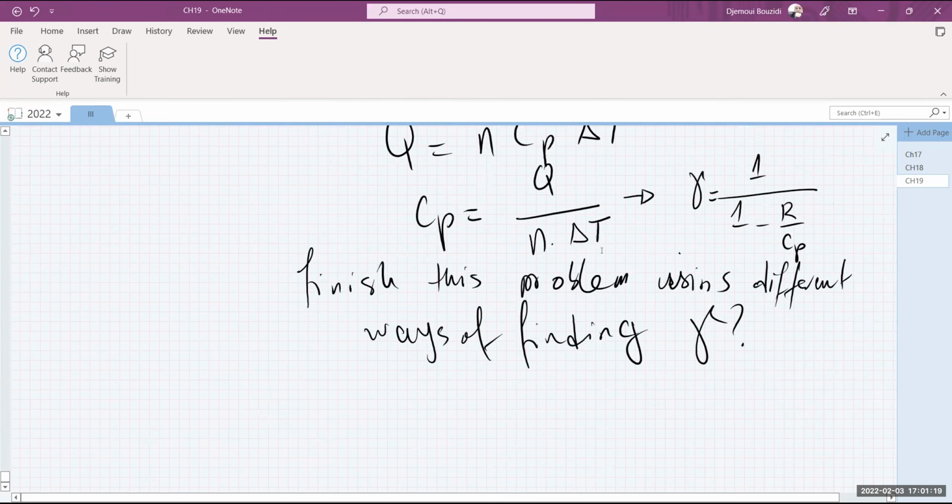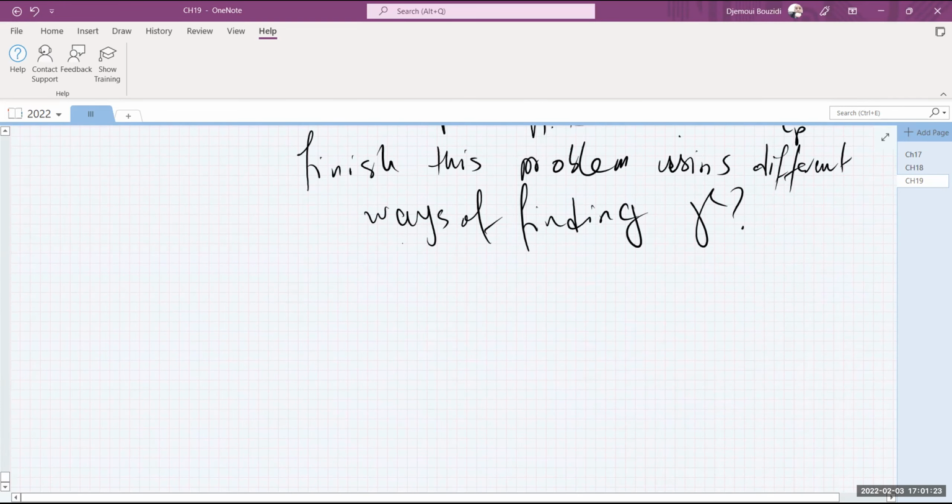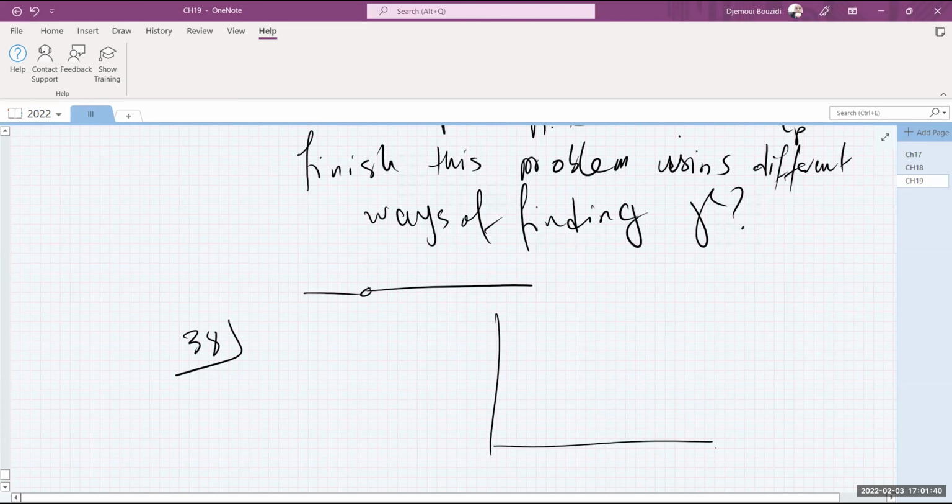Okay, let's look at the other two examples, problems 38 and 39. In problem 38, it has a nice picture for us. Let's draw it. The volume is in cubic meters, so we're good.